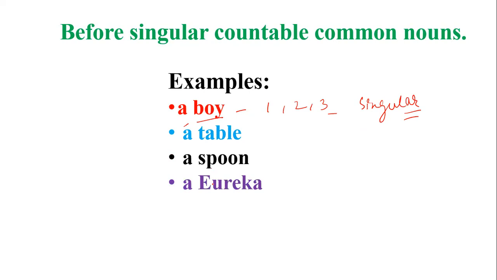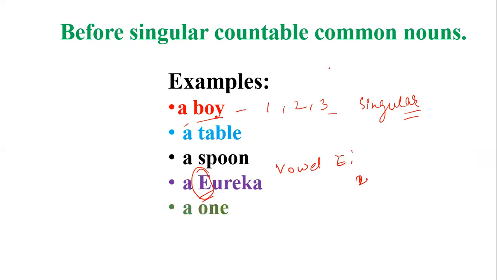Then you can see here the noun Eureka starts with the vowel letter E, but it makes the sound of a consonant, like Yoo. That is why, although this particular letter is a vowel, it makes a consonant sound, and we can use article A before singular countable common nouns that begin with consonants or make consonant sounds.